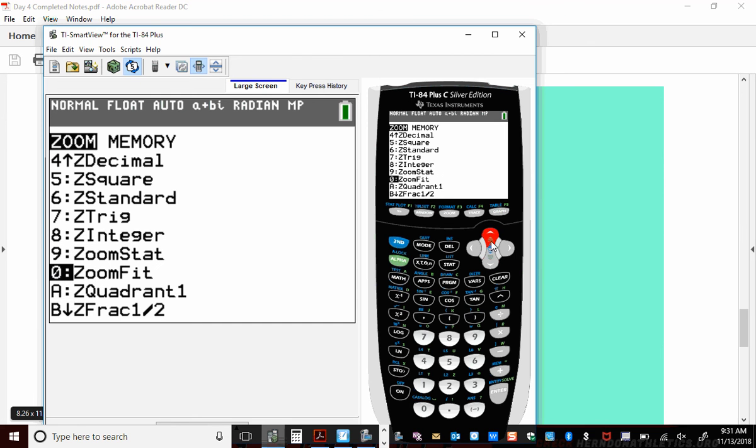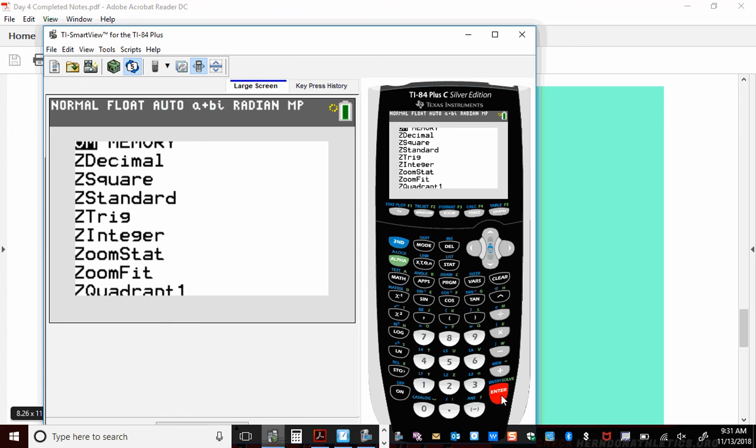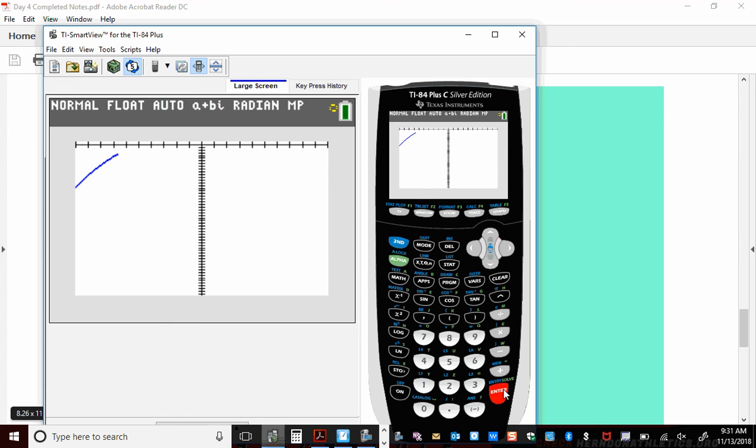So zoom fit, which is zoom 0, press enter. And it should do it again so you can see what's important. You'll see the solutions. So zoom fit always works, which is why I use this more than I use zoom out, because if you do zoom out, you may have to do it like 3 or 4 times.